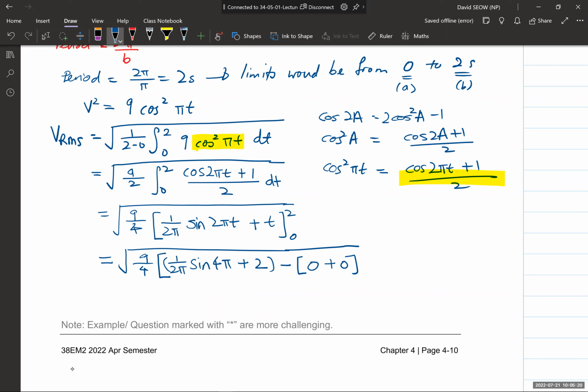Actually in fact sine 4 pi is also 0. So I'm left with this value, square root 9 over 4 times 2. Okay, when I work everything out, this becomes 2.12 volts.